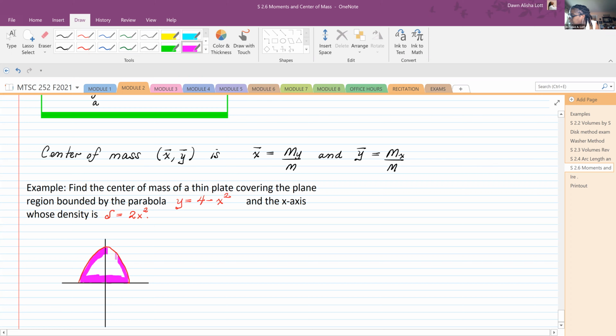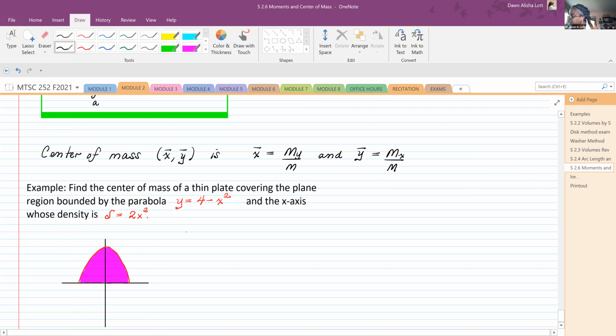Now notice it gets really dense on the sides. Almost infinitely thin in the middle, but very dense on the sides. So we need to find the center of mass. Now, this is actually a fairly easy problem because this thing is symmetric.